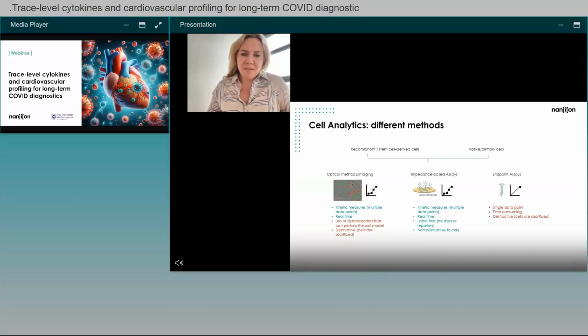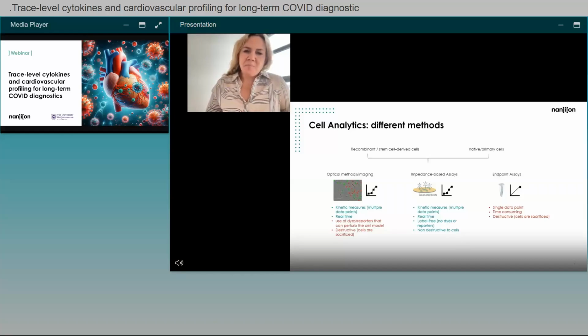It is a real-time method, but here you have to use dyes and reporters, and it is most likely destructive to the cells. You also have the so-called endpoint assays, where you only get a single data point at the end. This is very time-consuming, and it is also destructive to the cells.